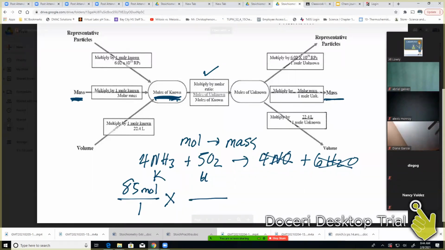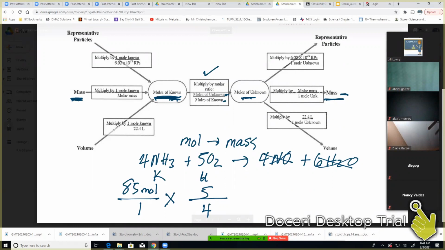It says you have your unknown at the top and your known at the bottom. So how many moles of my unknown do I have? 5. And how many moles of my known do I have? 4. If I stopped right there and did that calculation, I would know how many moles of my unknown, but we don't want to know that.